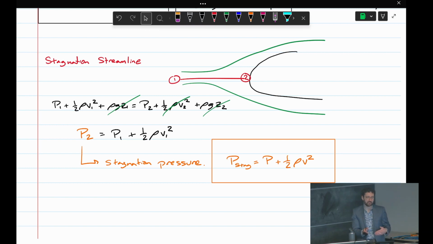Here it was P2 is P1 plus 1/2 rho V1 squared, but stagnation pressure you can define at a point. So you would say at point 1, the stagnation pressure is P1 plus 1/2 rho V1 squared. That means at any point in the fluid, if you bring the fluid to a stop there, what is your pressure? Without accounting for hydrostatic pressure, the stagnation pressure is actually the total energy in our flow. So that's why it's useful to have a definition for this. Are there any questions on stagnation pressure?